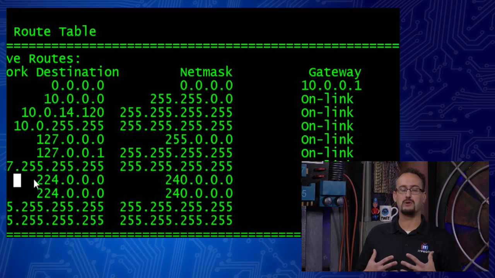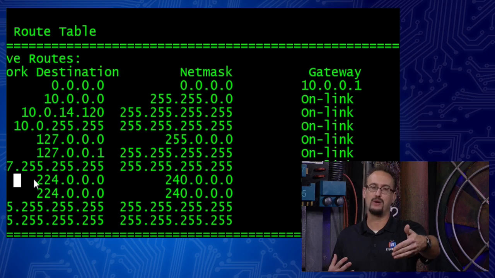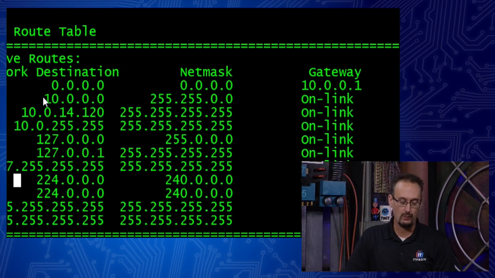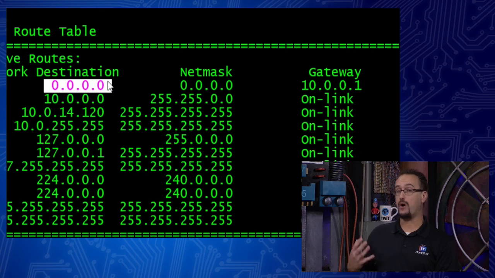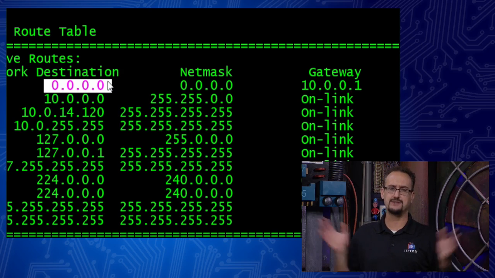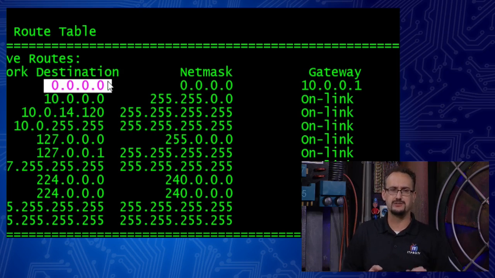That's not its job. So it says, okay, where do I need to send this to get this off of my local network, because I've looked at the destination here and it's not my local network. Well, remember it uses the default route, which essentially is when you have a default gateway assigned to your network adapter, which is the IP address of the router, you send traffic to that default route. It says, I don't know what the destination network is, let me just send it to this route.